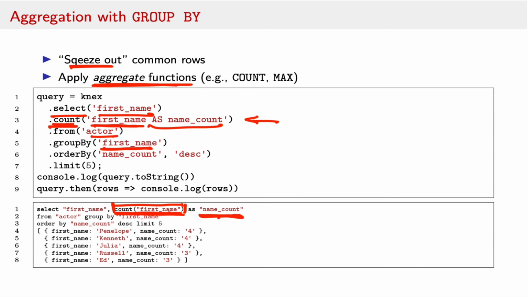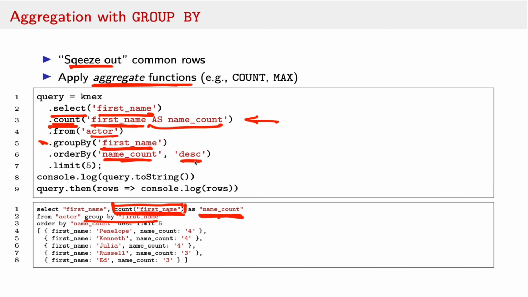And then the group by tells us what we're grouping on, which of the fields we want to squish down, and you can see that that shows up here in this SQL as just group by the name of the column. The order by again is going to order by the name count, and it's going to order it in descending order.